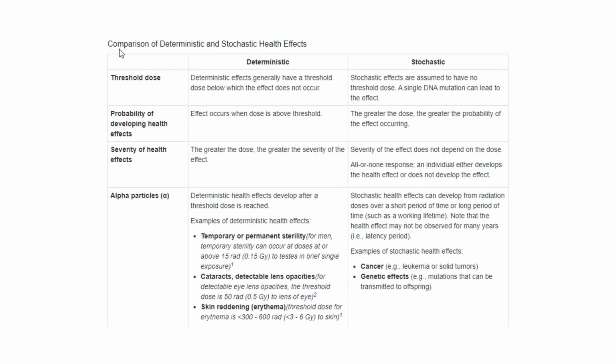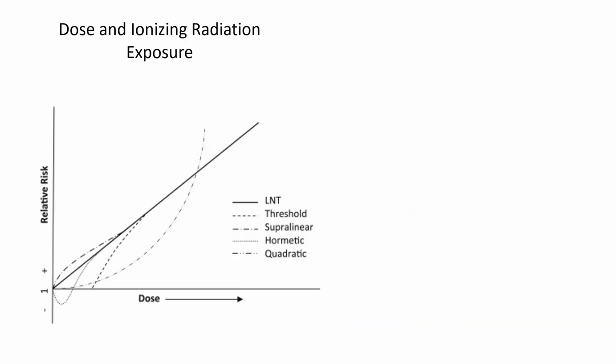Take a moment to read this chart and look at the probability of developing these health effects and the severity of the health effects using ionizing radiation and alpha particles. There are a number of major theories or models about dose and ionizing radiation exposure.